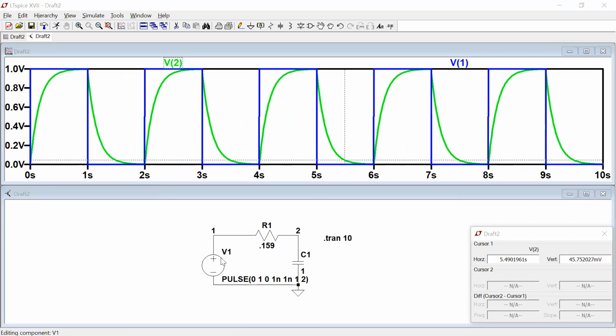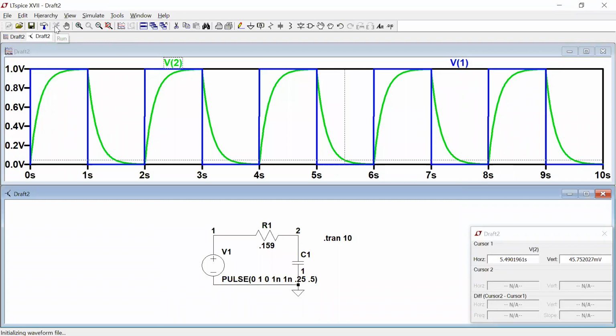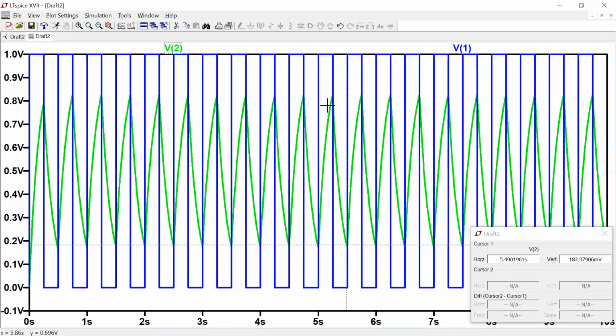But if I start to increase the frequency, all right, I'm going to turn it off. So you can see the frequency is increased.